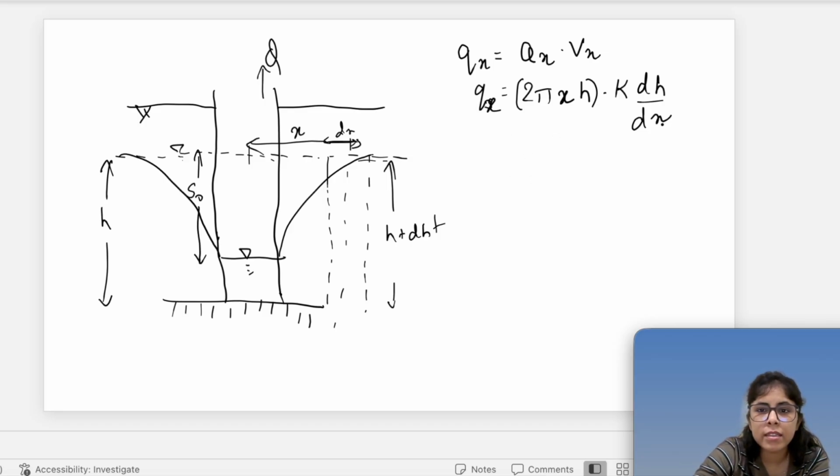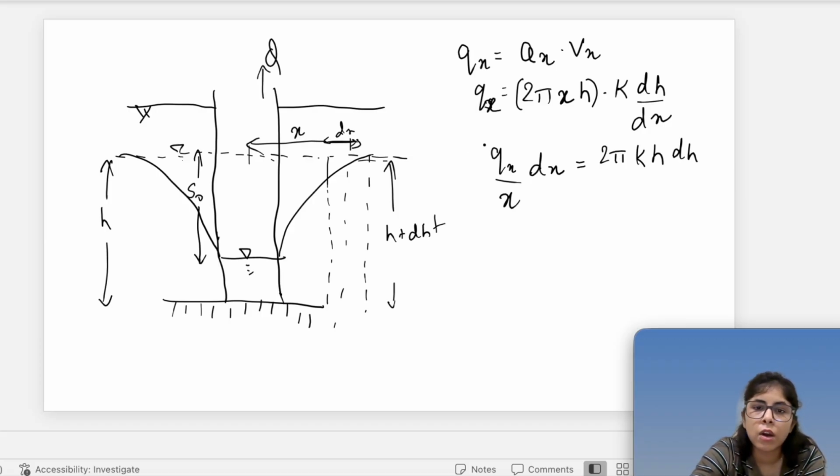So can I take this x term there? We have Qx, Q is a function of x, so it goes up, and then dx is there, and here I get 2 pi k h dh. Now if I integrate both sides, qx becomes capital Q for the full discharge, and 1 upon x becomes ln x.